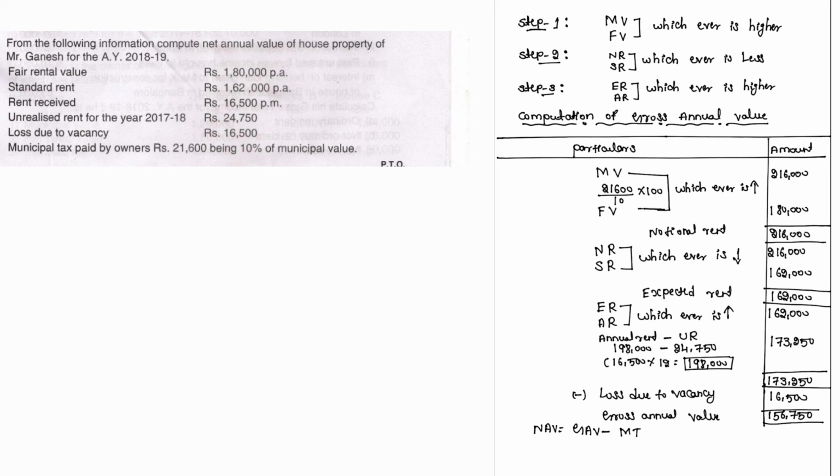Gross annual value we know already, 1,56,750, minus municipal tax paid by the owner, 21,600. So you'll get 1,35,100 as your net annual value.